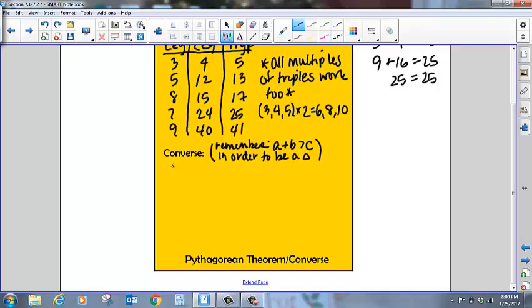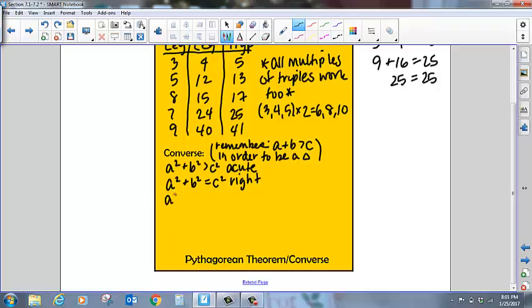So if we have a squared plus b squared greater than c squared, we have an acute triangle. If a squared plus b squared equals c squared, we have a right triangle.